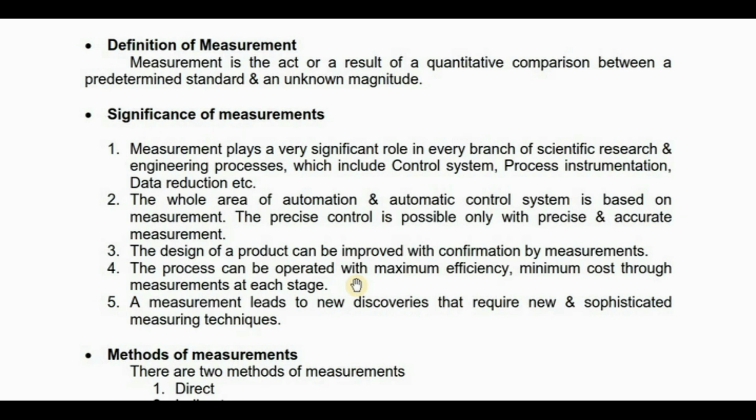If you go on measuring the changes in the parameters at each and every stage, we can make that process operate at the highest efficiency and at very low cost. So again, during that process, measurement plays a significant role.